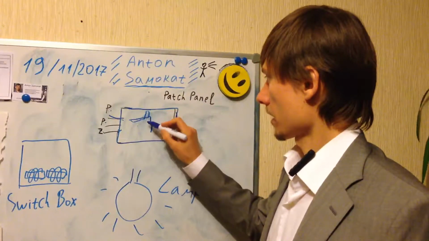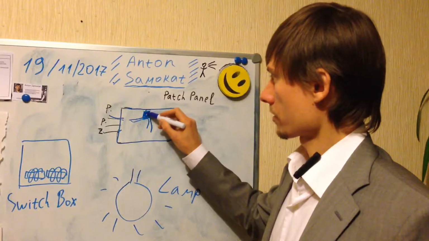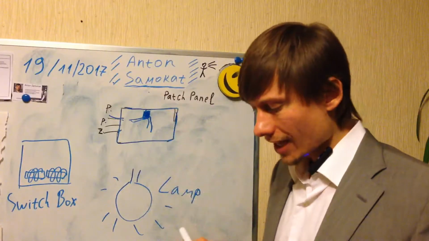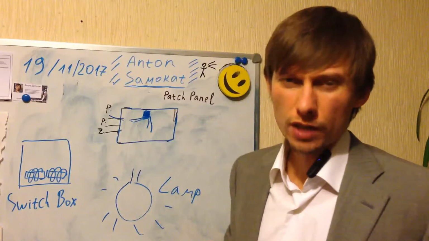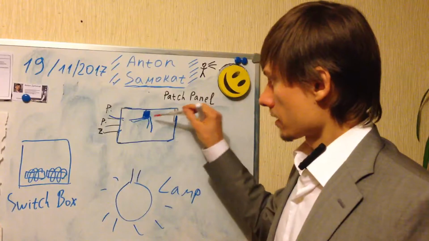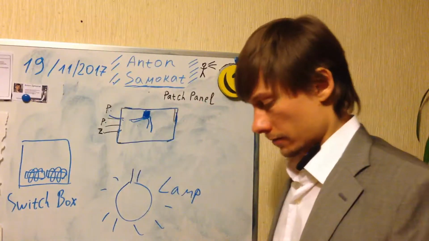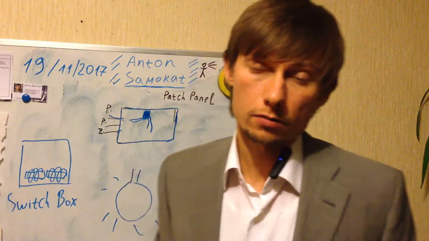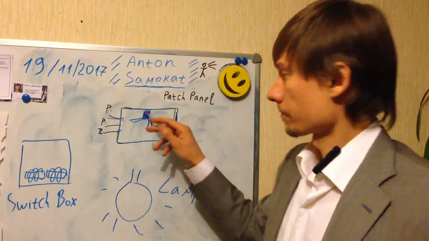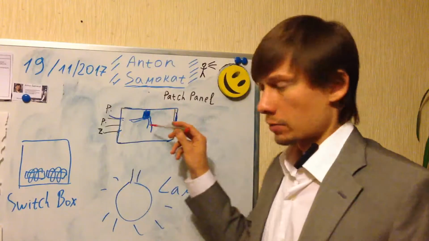They have these small boxes, and it is not actually possible to just touch the wires. I mean, it is not possible to find a bare wire here and perform touching.